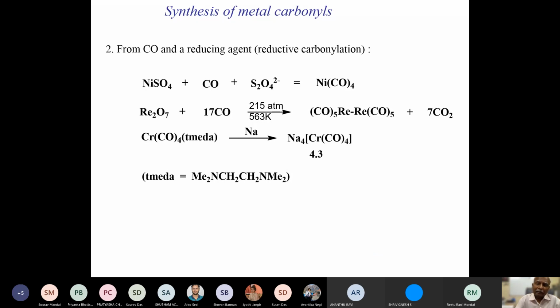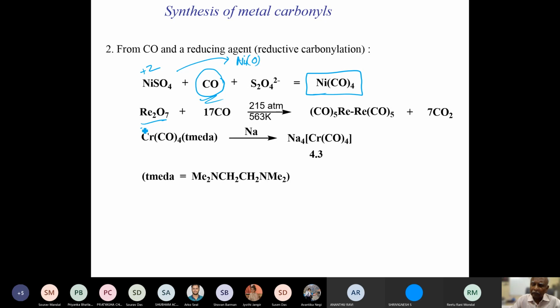What we are doing is we are taking nickel in +2 oxidation state and reducing it with this sulfite salt and generating a nickel carbonyl compound, where nickel is reduced and carbon monoxide is being added to the nickel. First nickel 0 is generated, and then nickel 0 in the presence of carbon monoxide reacts to give nickel carbonyl.